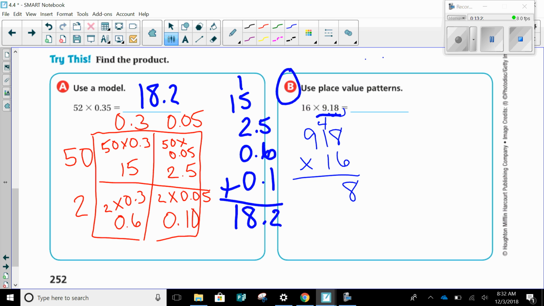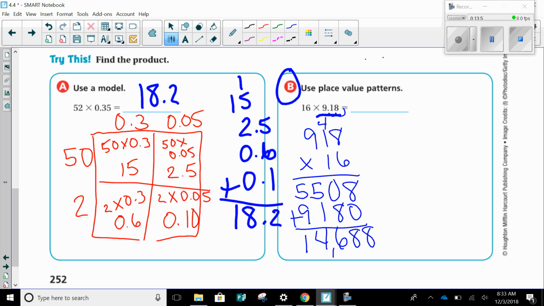Bring my 4 up. Multiply that out, add those two together. So that's my answer for that multiplication problem.